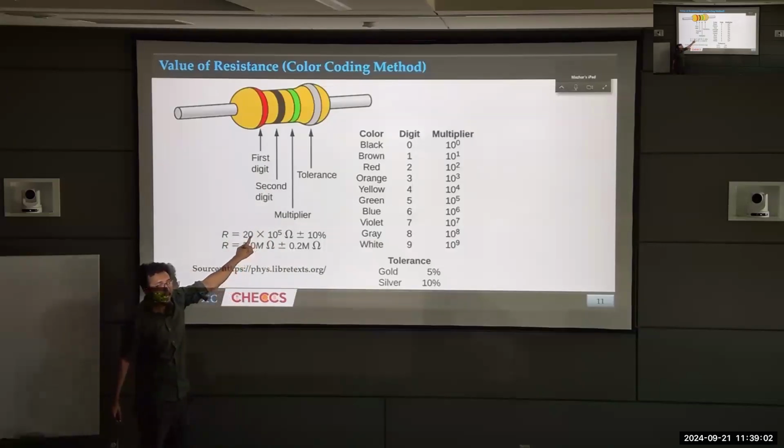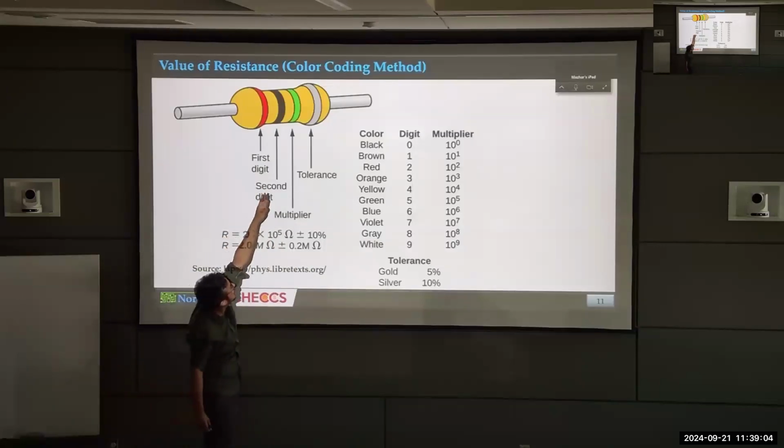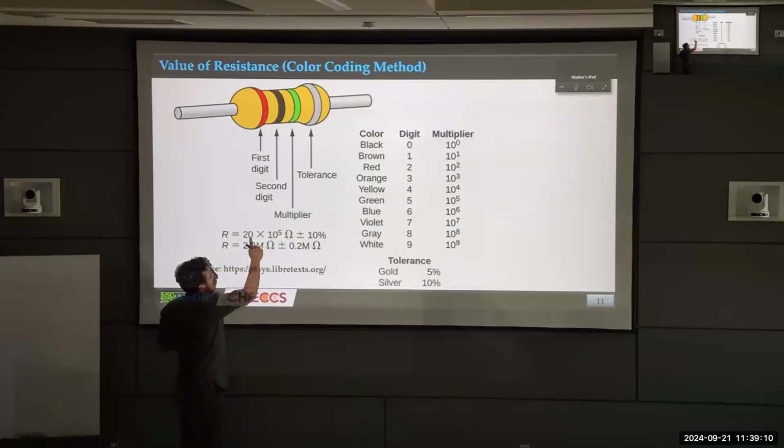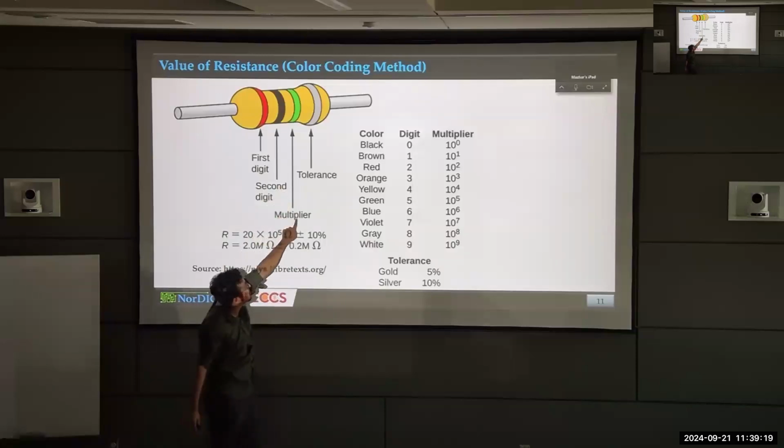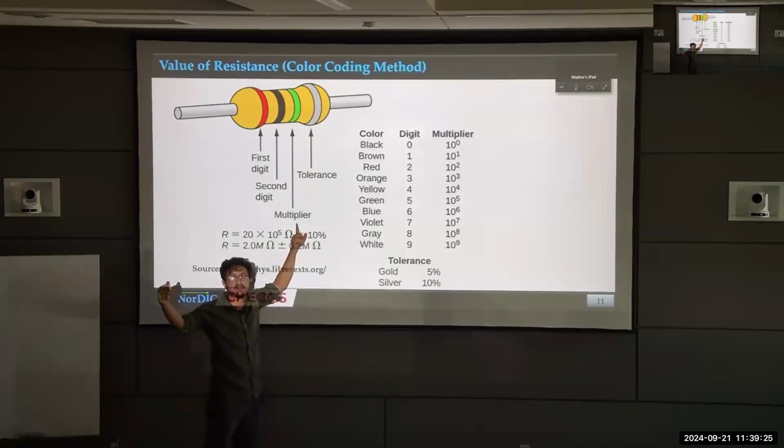Okay? And then the third color bar is a multiplier. So how many zeros will you add? If you have 2 digits, then how many zeros you add after that is defined by the third color bar, which is the multiplier. Multiplying by what? How many hundreds or thousands or 10,000?